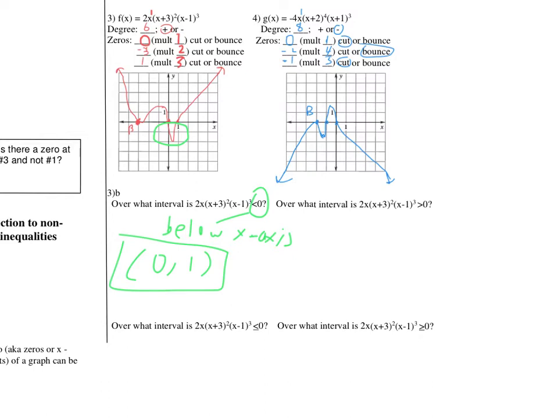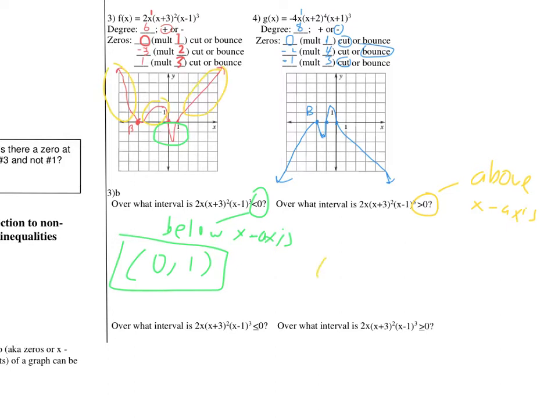All right, so the next question is asking us, okay, well, when is that greater than 0? So when is it above the x-axis? And so for that one, I would say this section here, and this section here, and this section here.